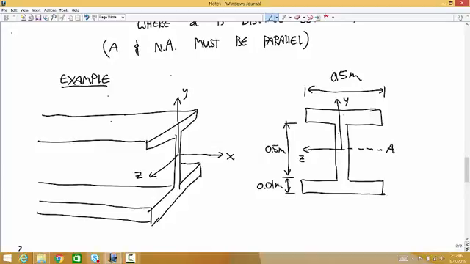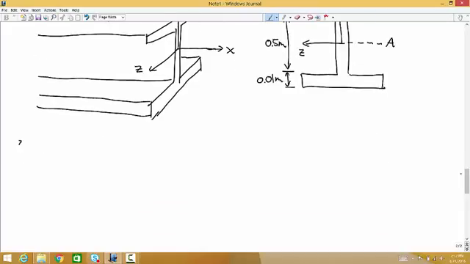And we're going to break this up into 3 separate shapes. So first, the top flange.